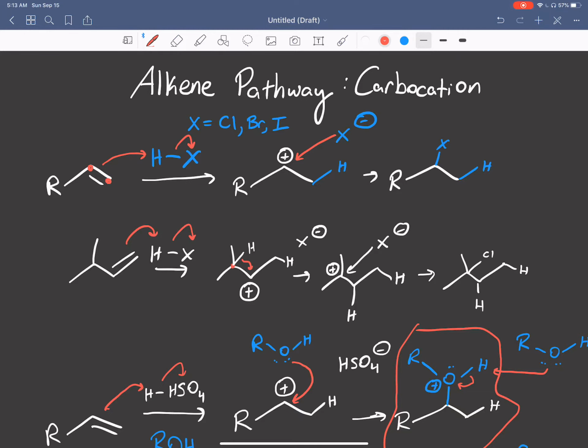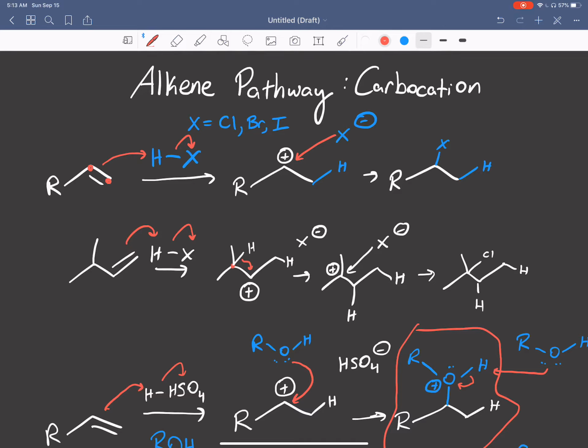Okay, so this is how I like to approach these carbocation reactions, or all these alkene reactions. I simplify them. So if you do not like this method, of course, feel free not to use it. You can always talk to the TAs. They've had their own tips and tricks from when they studied for these tests.